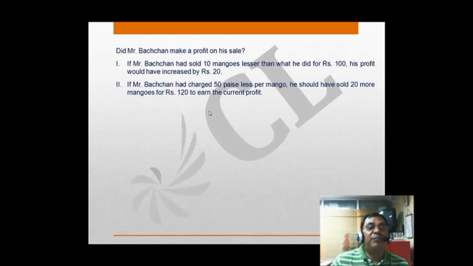Did Mr. Bachchan make a profit on a sale? If Mr. Bachchan had sold 10 mangoes, his profit would have increased by rupees 20. I cannot take out the profit, but his profit would have increased. Mr. Bachchan charged 15 paisa less per mango. He should have sold to earn the current profit. That means there is profit.